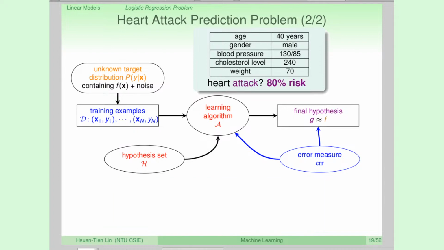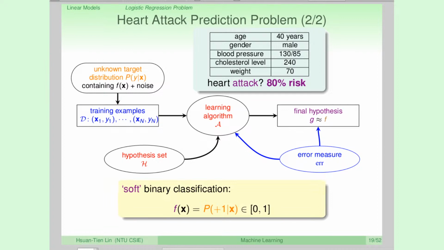Now, if we still get the same data, but our target function is the probability distribution itself, which actually means we're going to generate a soft value for the prediction instead of the hard value we get in binary classification, how do we do that? That's the problem we're going to study next.